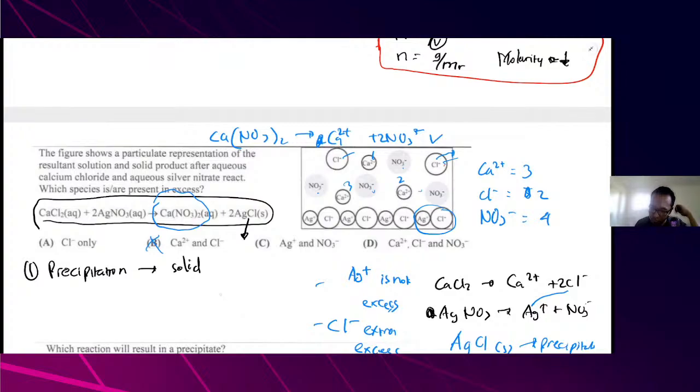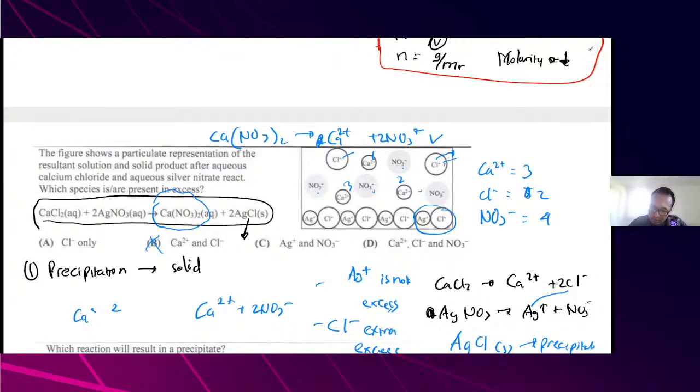So it will be Ca2 plus, 2 NO3 minus, right? Leaving 1 calcium and then 2 chloride. What? It doesn't make sense. Oh, I got you guys.